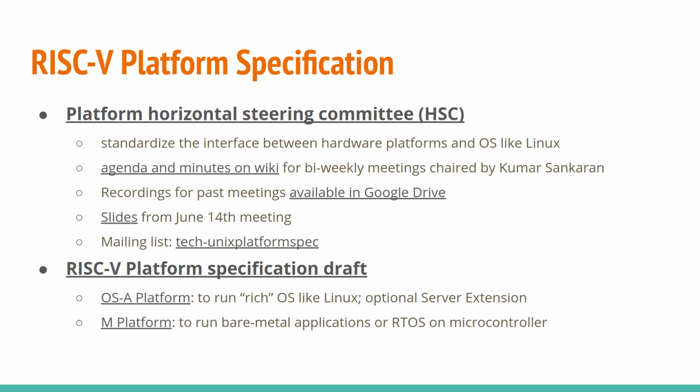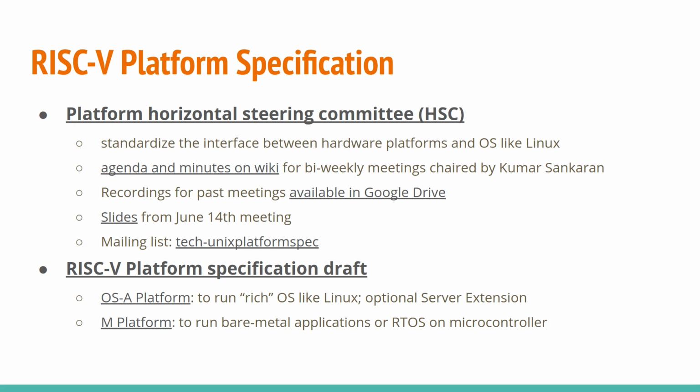So just to give you a brief overview, this draft platform specification has two different platforms defined. There's OS-A, which is meant to be used for rich, full operating systems like Linux, and even has an optional server extension to talk about the things that a RISC-V server should have.